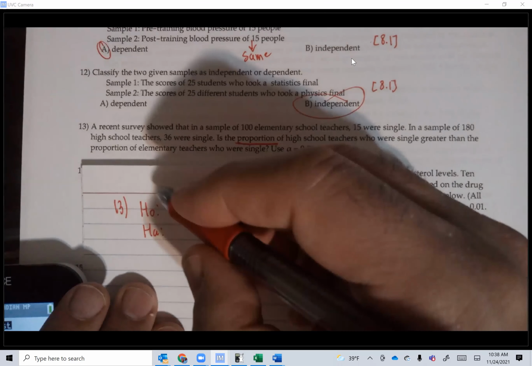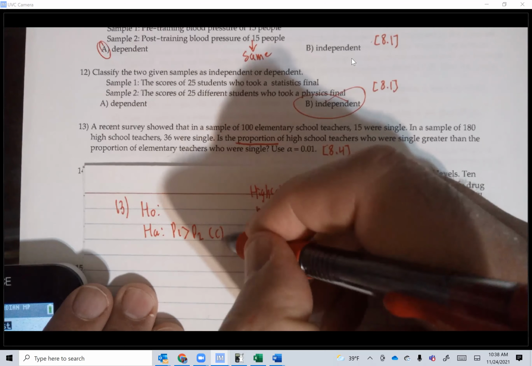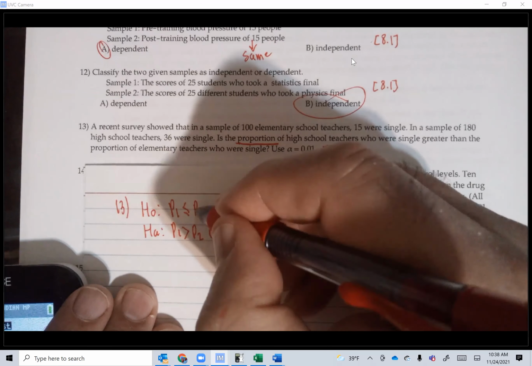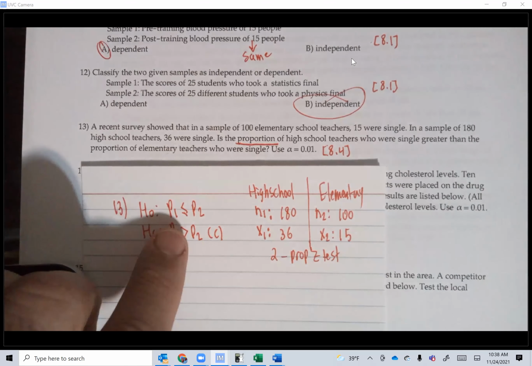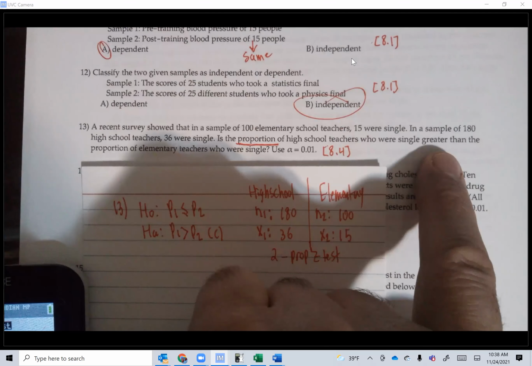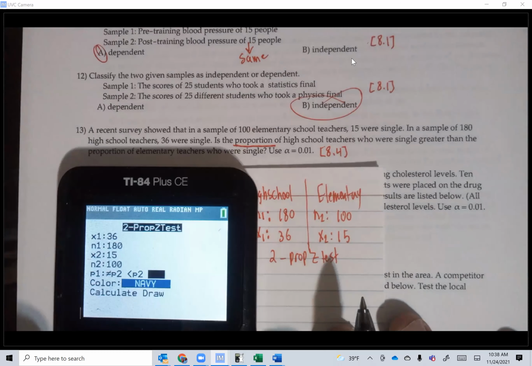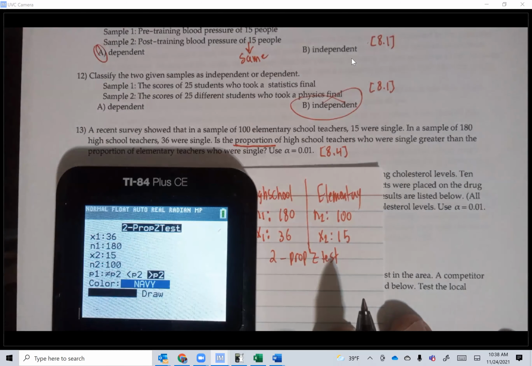So P1 greater than P2 is the claim, and the null is P1 less than or equal to P2. And you tell me why? Because he says the proportion of high school teachers who were single is greater than the proportion of elementary school teachers. Proportion means a percent. So I got this here and hit calculate, guys.